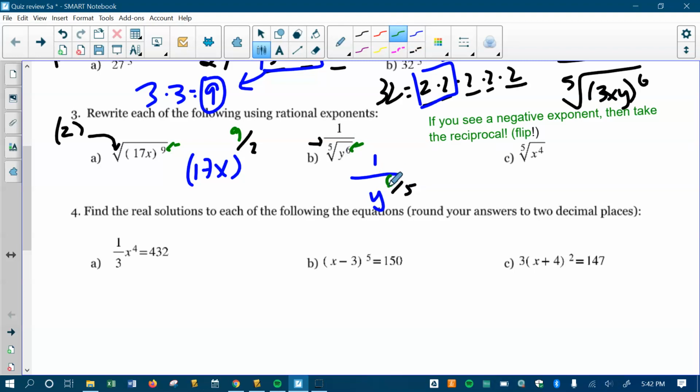So that's my answer. A different way I could write this is y to the negative 6 over 5, because again, it works the other way around too. If you see a negative exponent, take the reciprocal, and if you want to take the reciprocal, use a negative exponent. Either one of those would be fine if we don't tell you anything about positive or negative exponents.